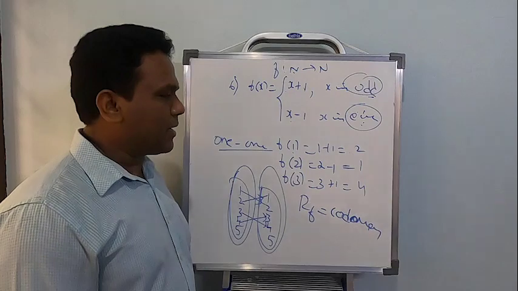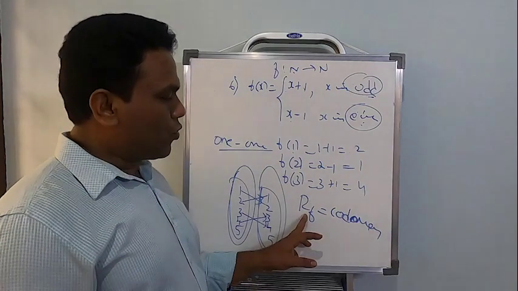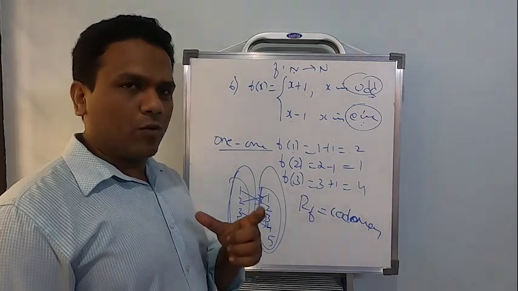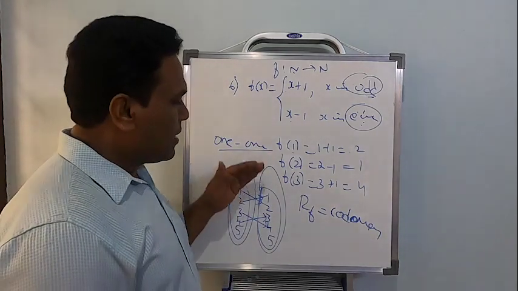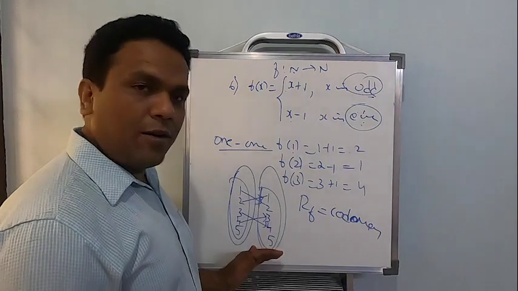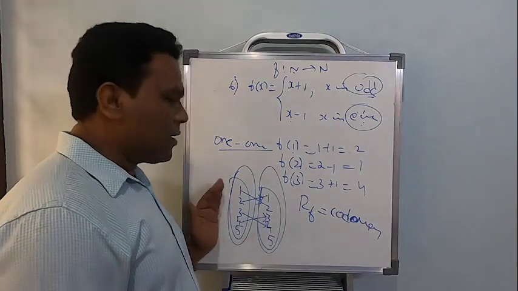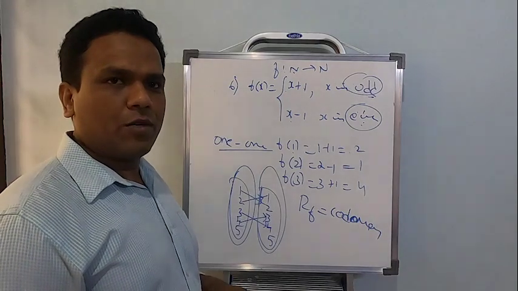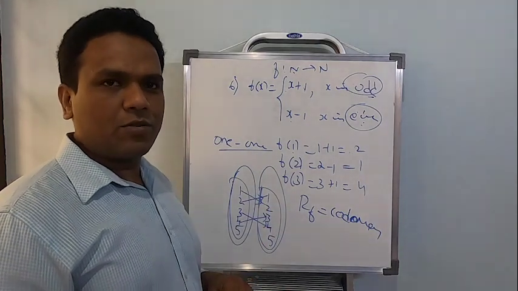You can make a statement, right? Clearly the range of the function equals codomain, hence the given function is going to be onto. Otherwise, every element of codomain has at least one pre-image in domain. Hence f is going to be onto. So these are the 5 worked examples based on the topic.